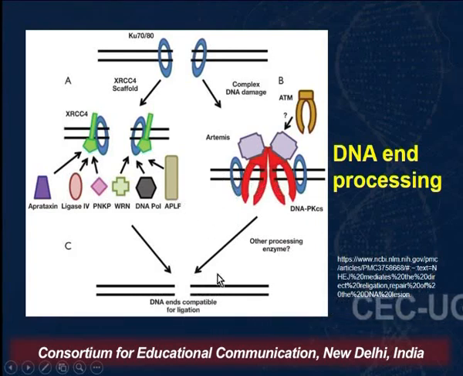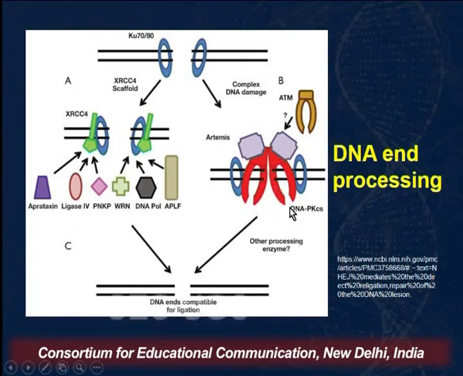So as you can see, the various end processing has occurred and a number of factors and proteins are involved in it. This is basically a simple pathway related to some factors as mentioned here, and these are related to when it is a complex kind of thing, and various others such as ATM proteins and Artemis proteins are used here.